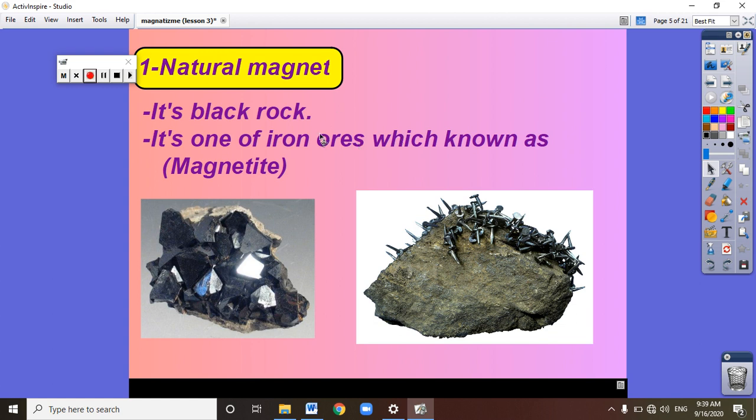So one of the iron ores is magnetite, and the magnetite is the natural magnet. So the natural magnet is a black rock, and it's one of the iron ores which is called magnetite. Don't forget, the Greeks found the magnet in a place called Magnesia, but the natural magnet is one of the iron ores called magnetite.